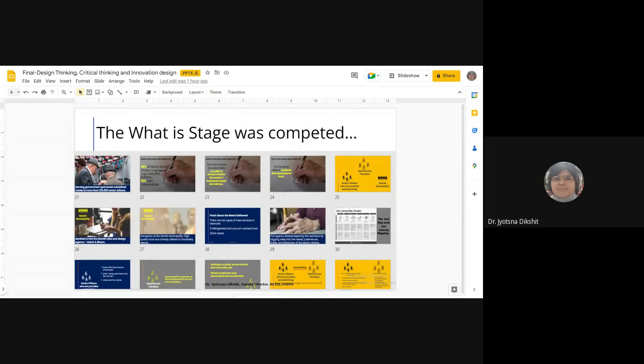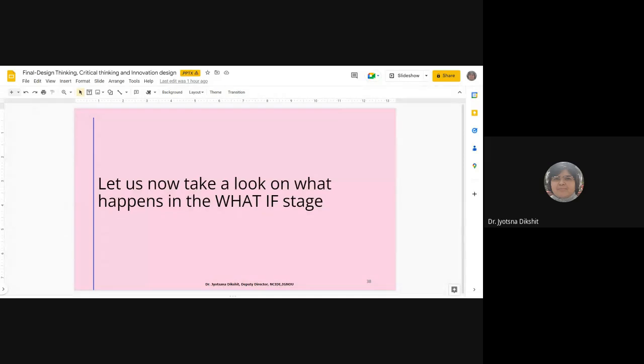And obviously, from this what is stage, we will not directly jump into the conclusion. We will then start the what if stage. Basically, in the what if stage, we will cover the various possibilities, and we will also look at how to overcome the constraints which are listed out in our previous section.